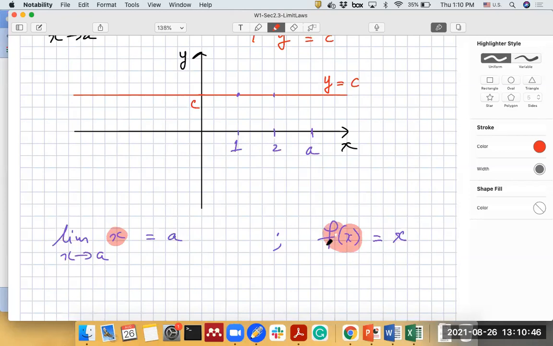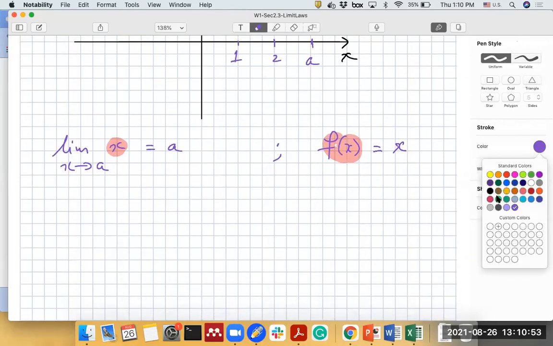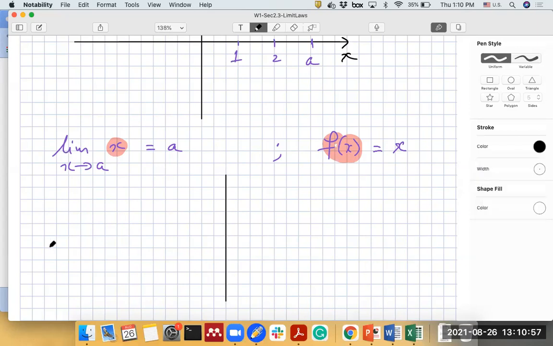That is what we're talking about. Okay? And the function f of x equal to x, when you plot it, if x is equal to 1, what is f of x? 1 as well. Very good. It means that, okay, how about at x equal to 2?